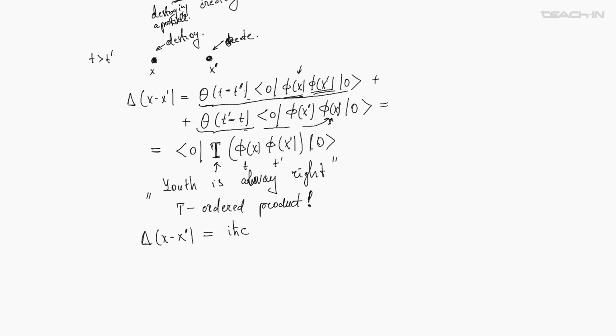So in the first case, I have theta(t minus t prime) D minus function of x minus x prime. And to this, I have to add up theta function of t prime minus t in an opposite situation, D minus on an opposite x prime minus x, because now fields are put in a different order.